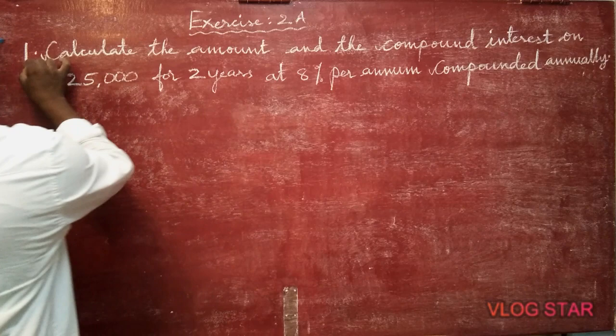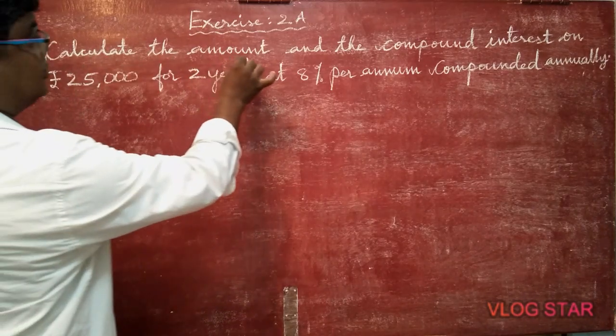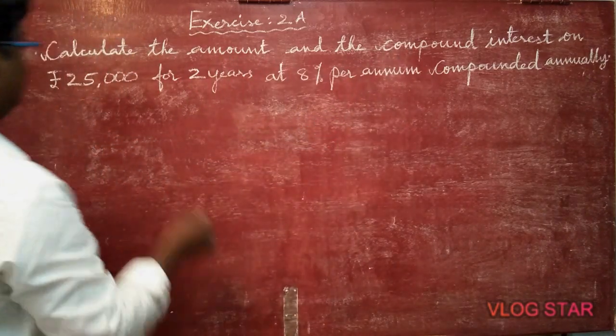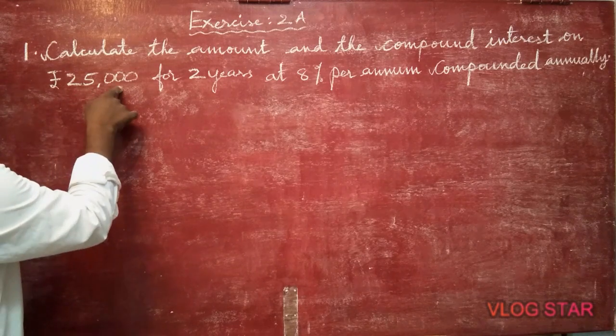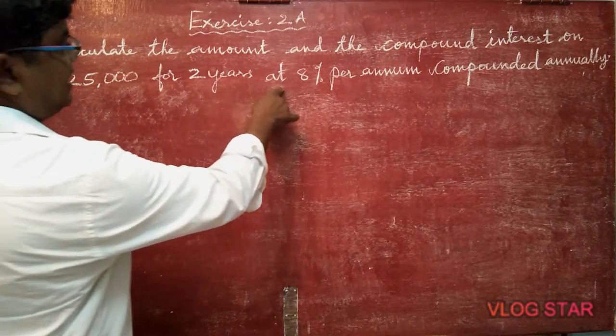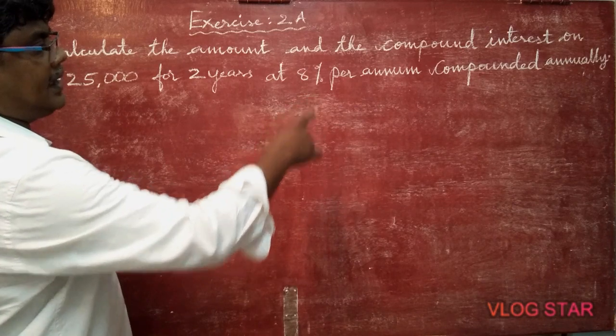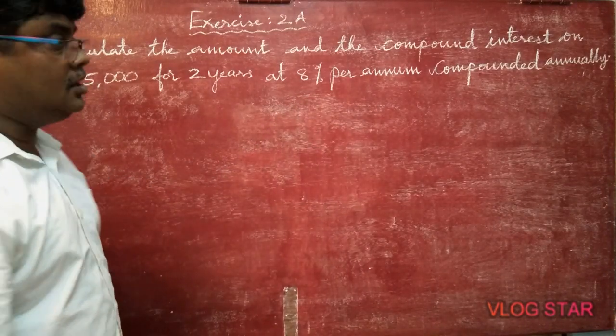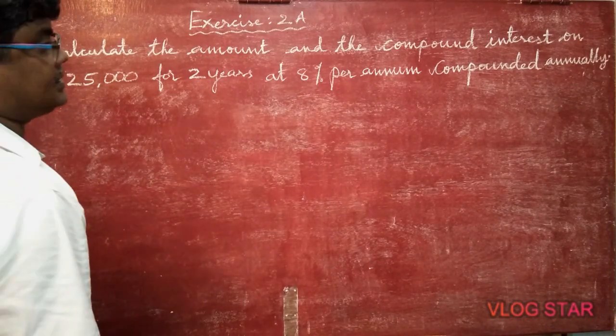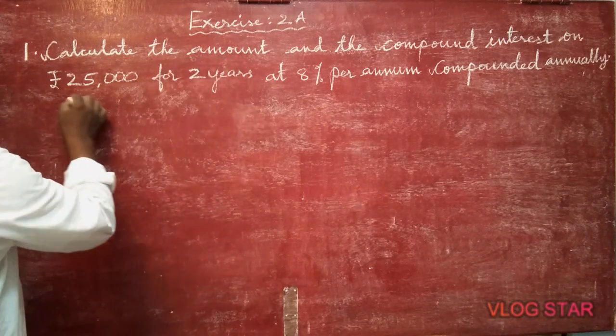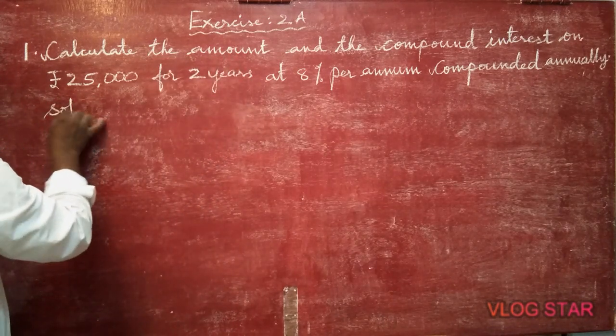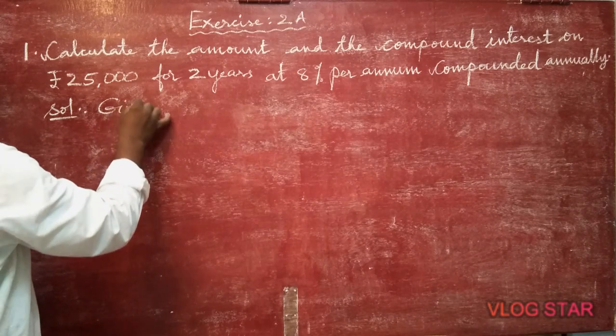Exercise 2A, first problem. Calculate the amount and the compound interest on rupees 25,000 for 2 years at 8% per annum compounded annually. So annually they are asking. Now solution.